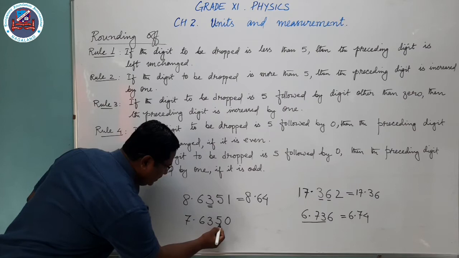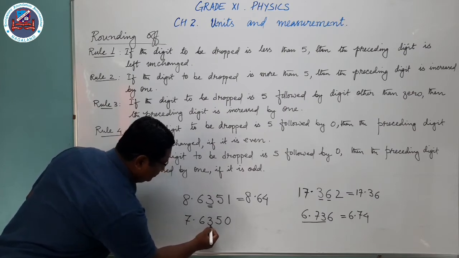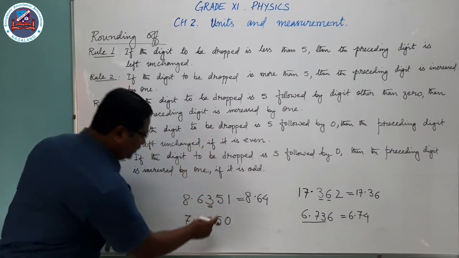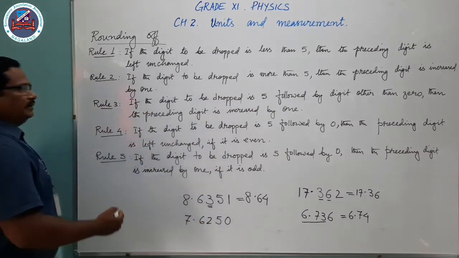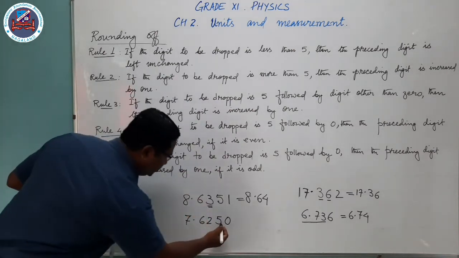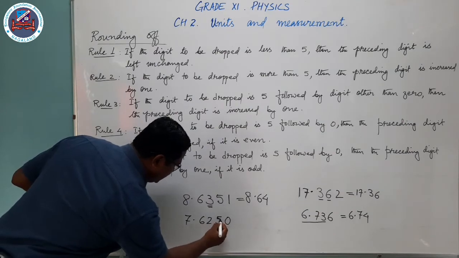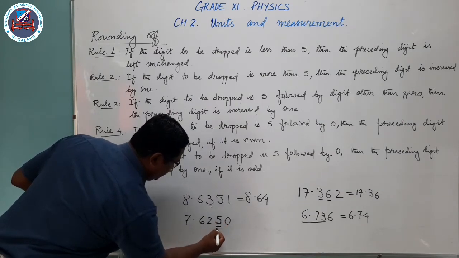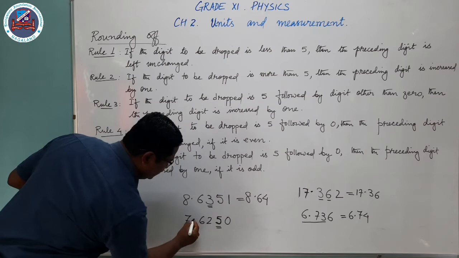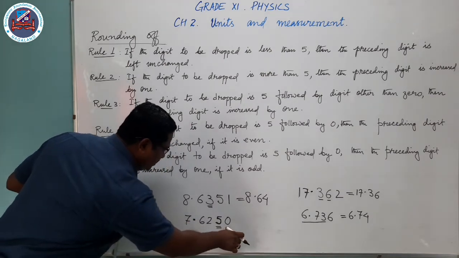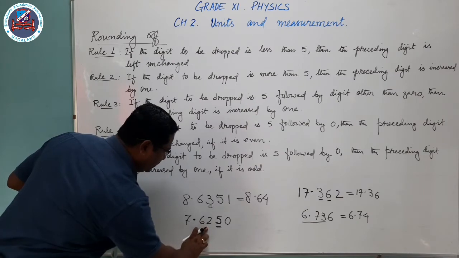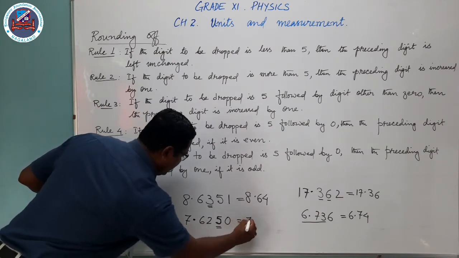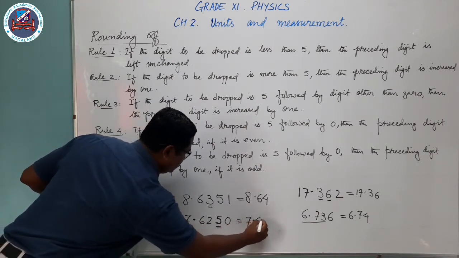The preceding digit is 2, which is even, so it will be left unchanged because the digit that you are going to drop is 5. You want to round off to 2 digits after the decimal place. The next digit is 0. Then you see if the preceding digit is even, then it will remain unchanged. 6, 2, it will be like this.